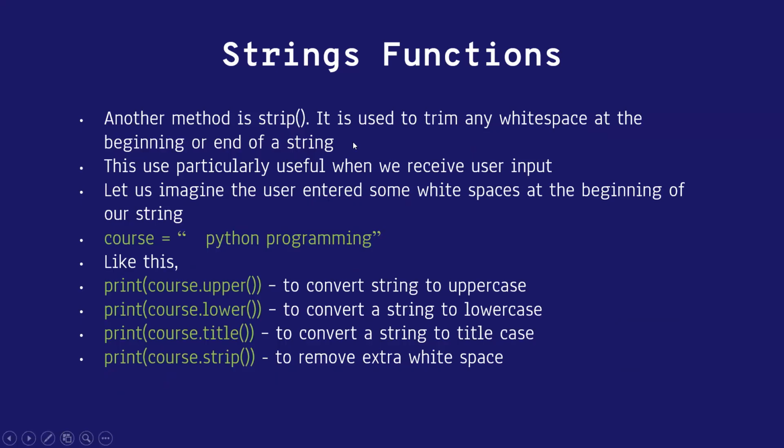Another method is strip. It's used to trim any white space at the beginning or end of a string. This is particularly useful when we receive user input. Let us imagine that the user entered some white space at the beginning of our string. For example, he entered this.